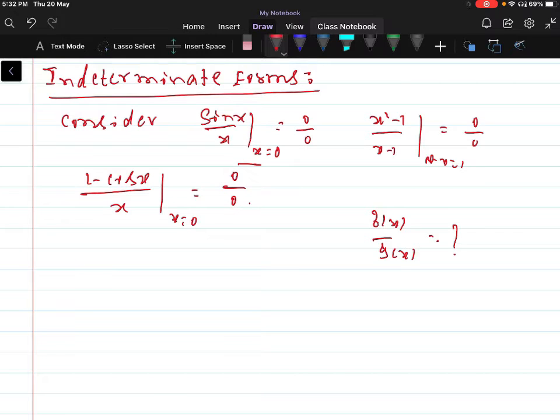Now let us apply the limit for the function. Limit as x tends to 0 of sin x by x is equal to 1.